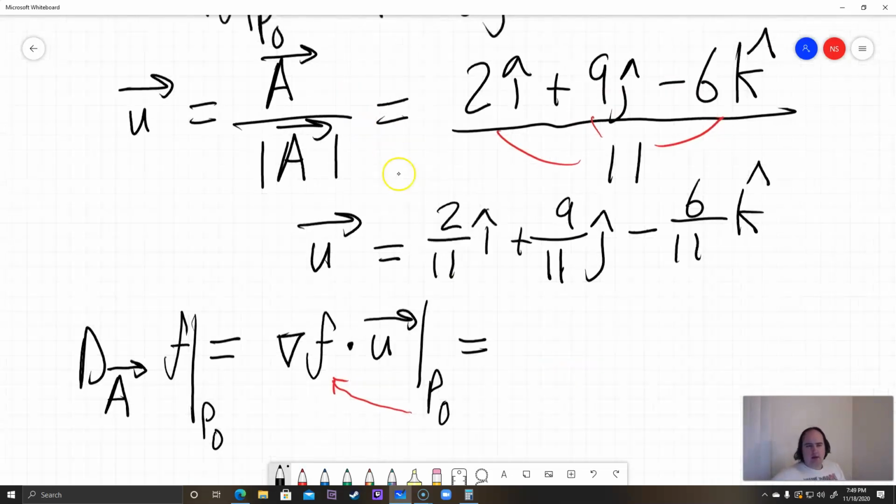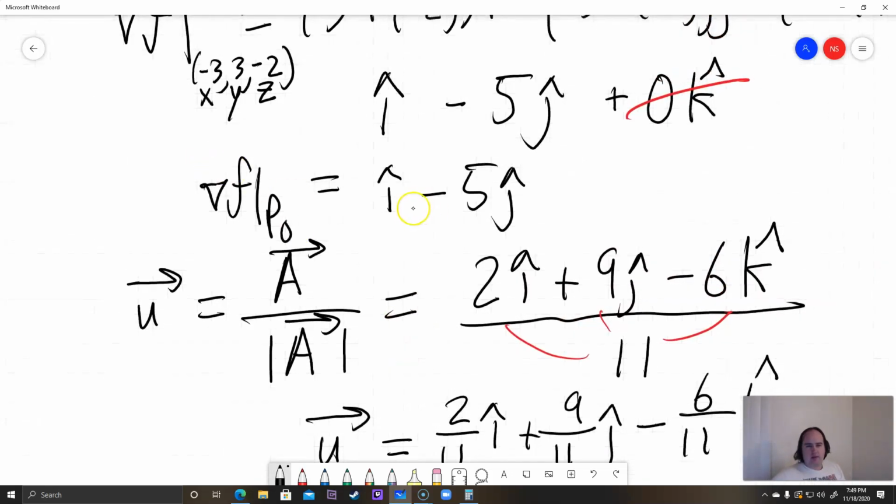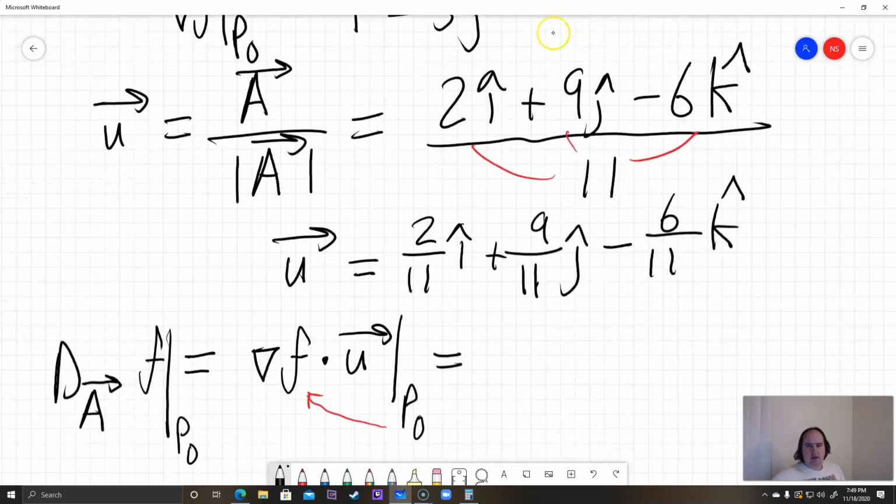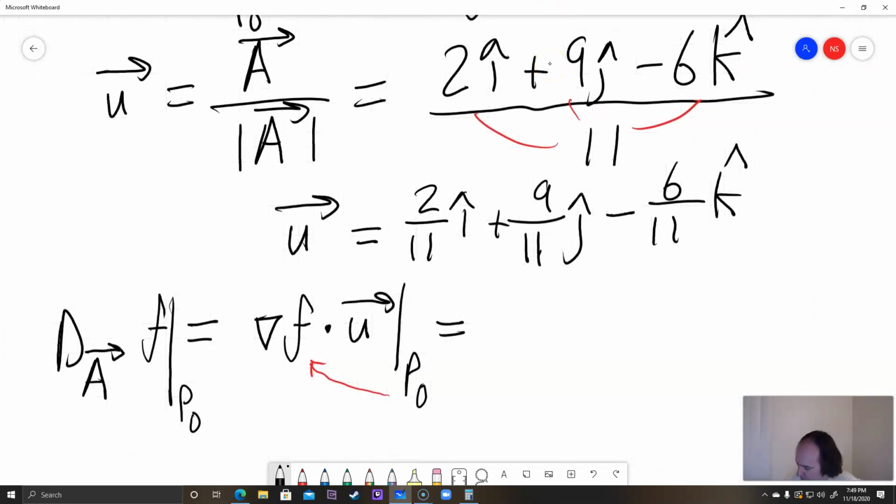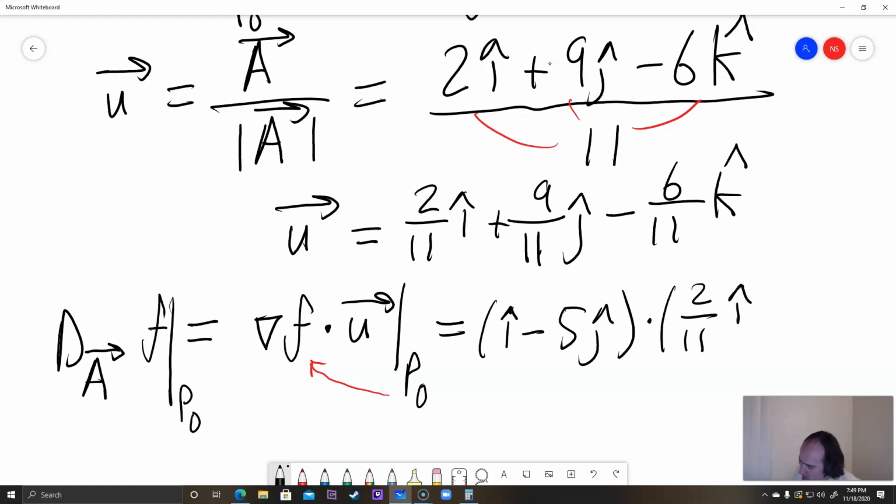The gradient of f evaluated at p naught was i minus 5j. So we have i minus 5j for our gradient of f, and we're taking the dot product of that with u, which is 2 over 11 i plus 9 over 11 j minus 6 over 11 k.